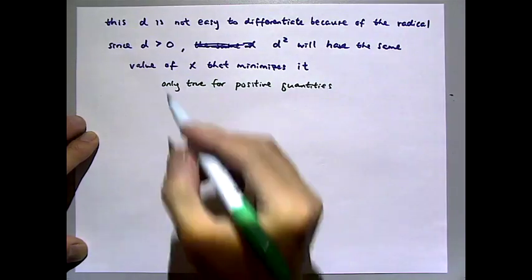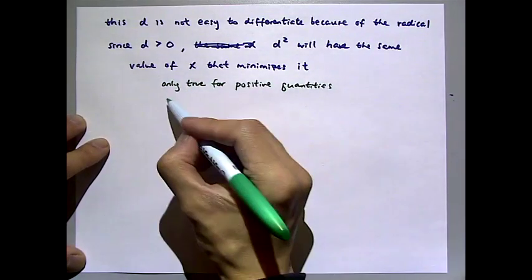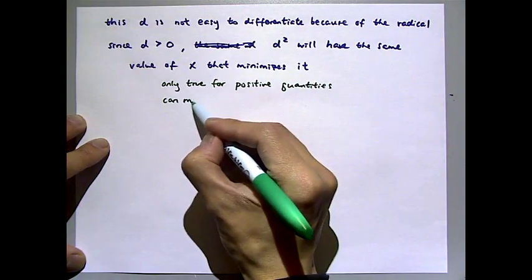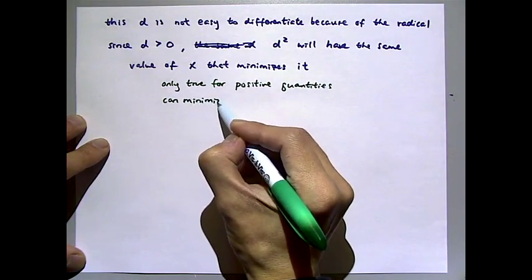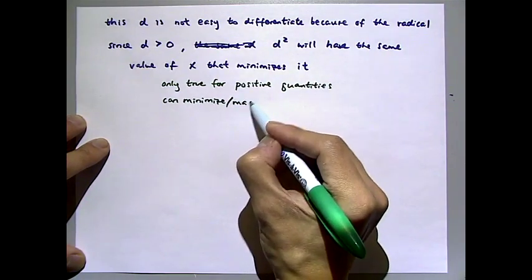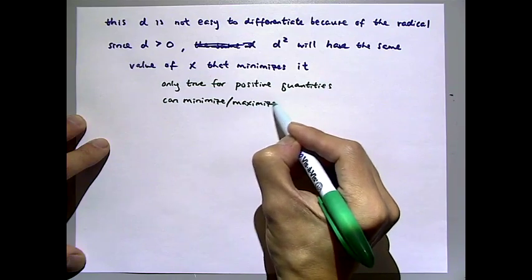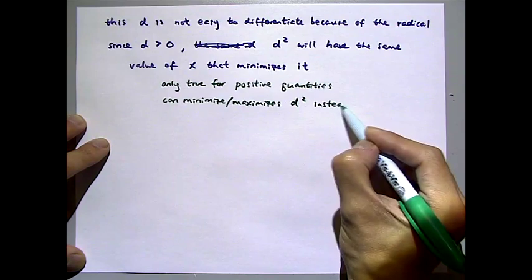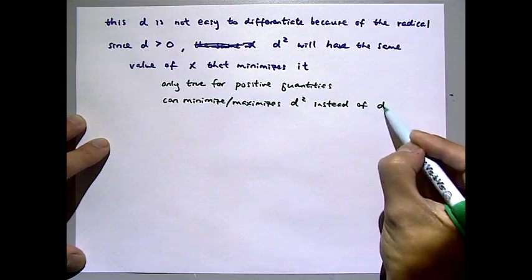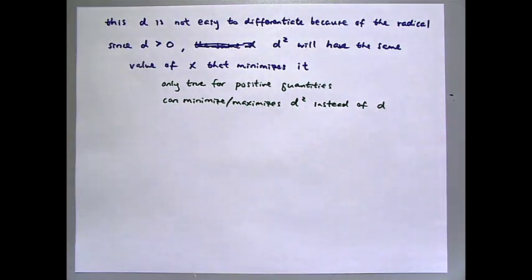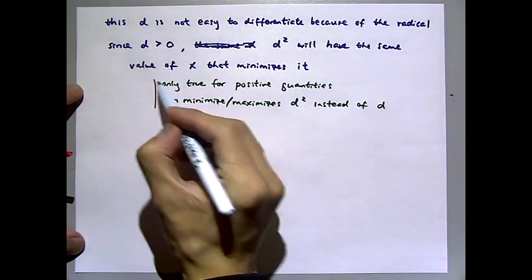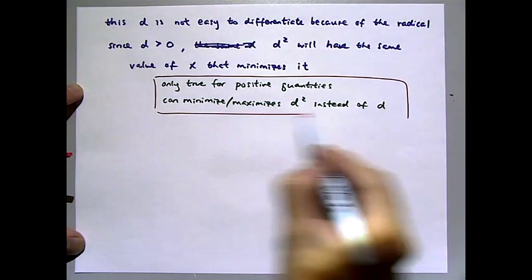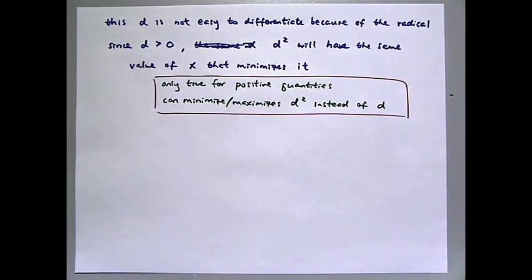In other words, this means that we can minimize or maximize, it doesn't matter, d squared instead of d. What's the advantage?